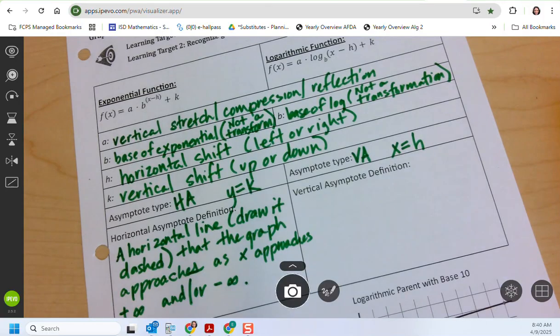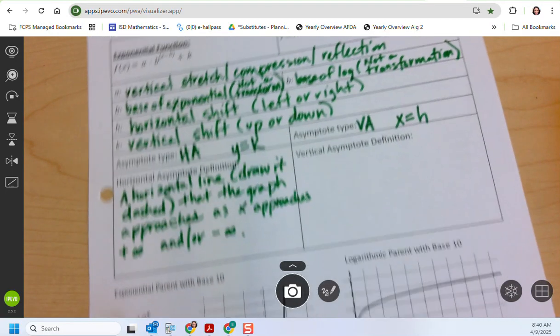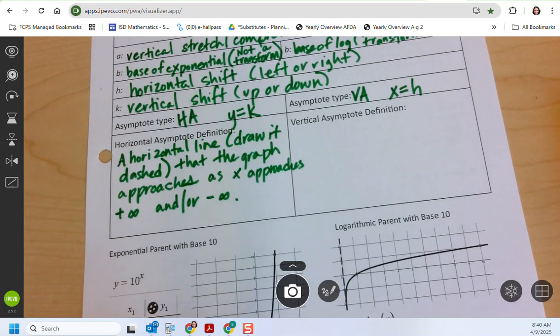So for the exponential functions, it's only going to approach the asymptote on one side. You can see this one down here is approaching it on the left side. But later when we study rational functions, it might be approaching the asymptote on both sides.